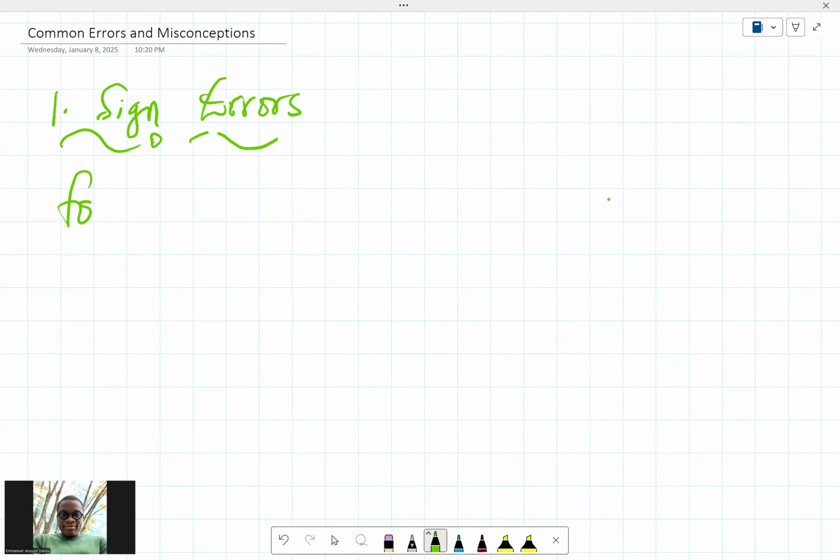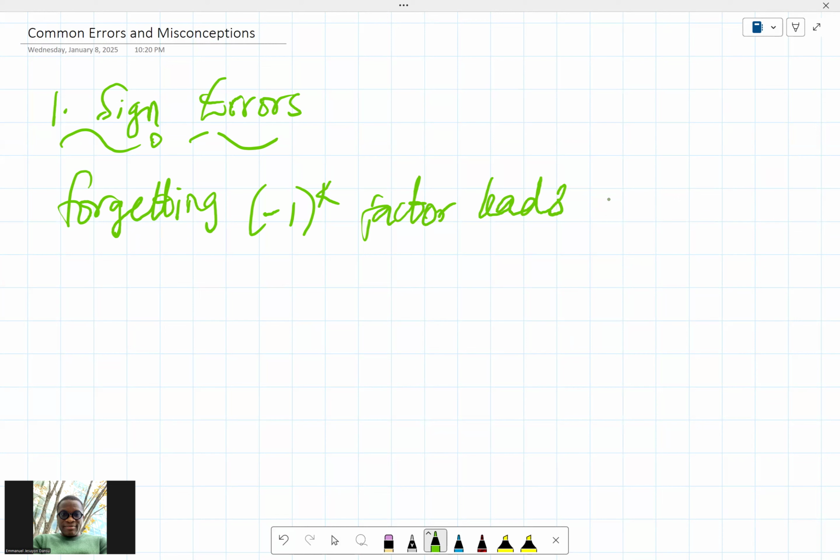Okay. So like we saw the other time, if you expand 1 minus x raised to power n, you can easily forget that minus 1 raised to power k factor. Forgetting the minus 1 raised to power k factor can actually lead to incorrect signs in the expansion.